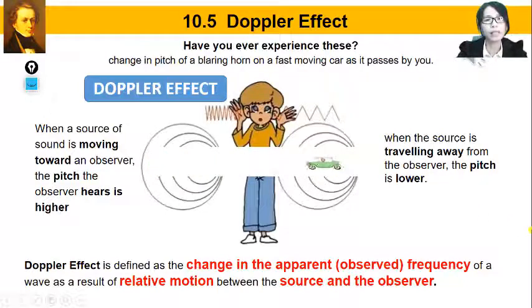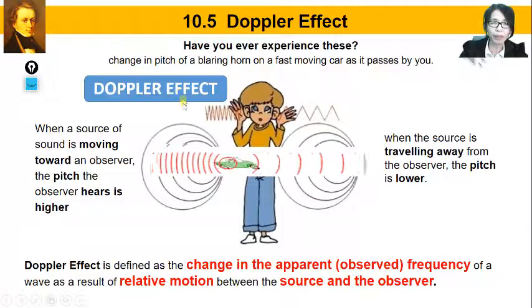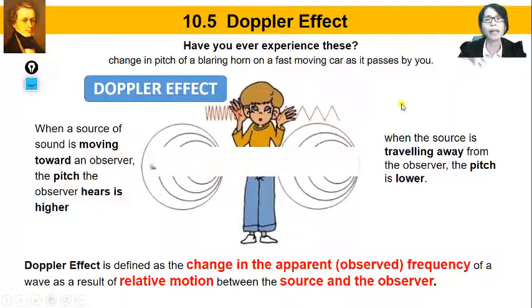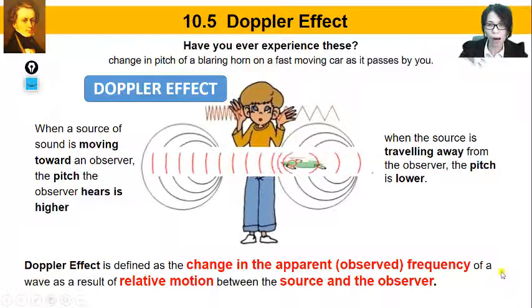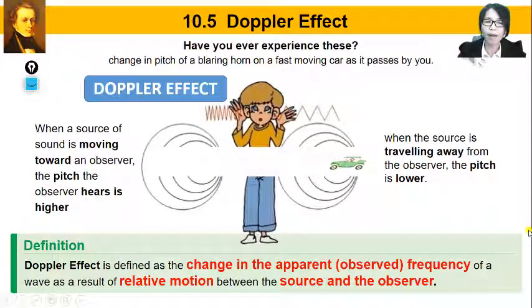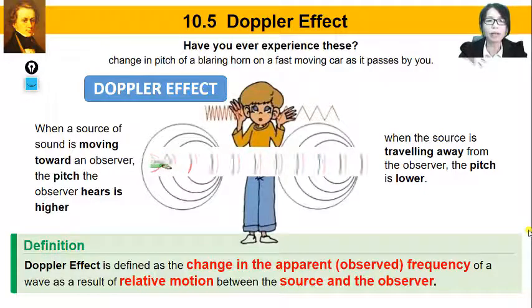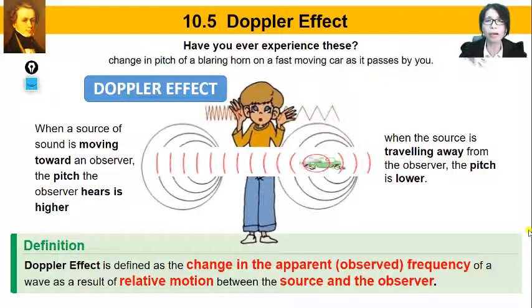Okay, so this phenomenon is what we call Doppler effect. Doppler effect can occur for all types of wave. So, how do we define Doppler effect? Doppler effect is defined as the change in the apparent or observed frequency of a wave as a result of relative motion between the source and the observer.